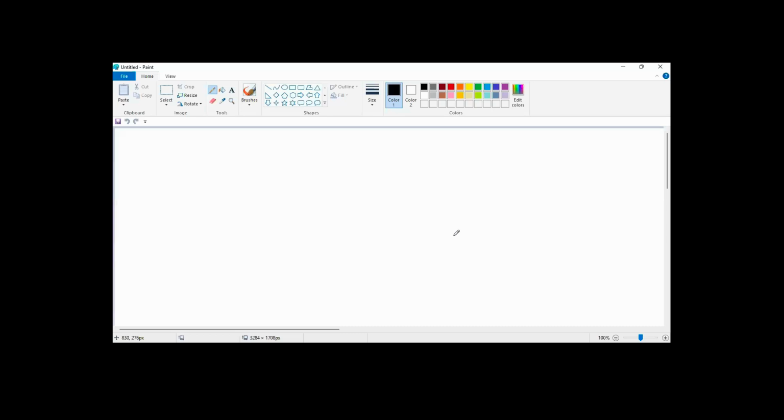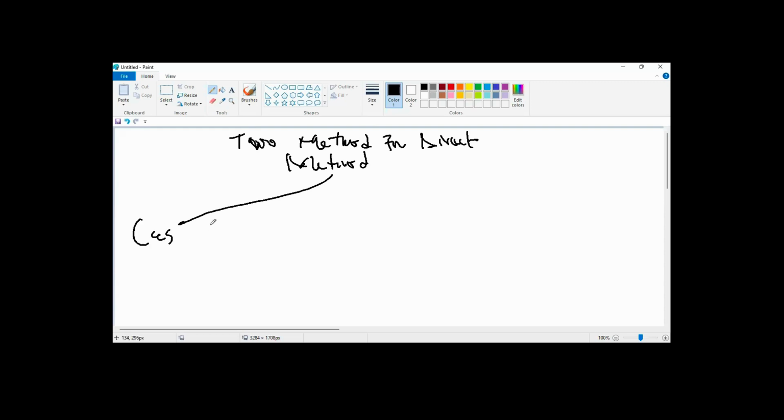We said there are two ways the direct method can be tested. Two methods for the direct method. One, they can give us the cash book, from which we get our cash flow.